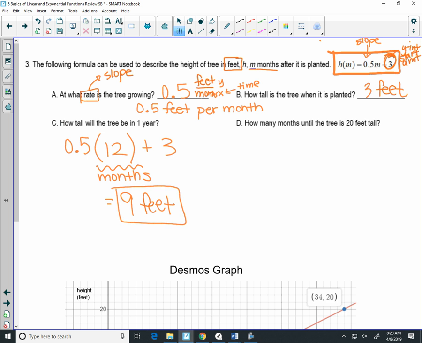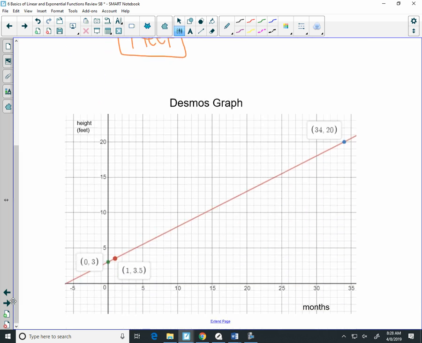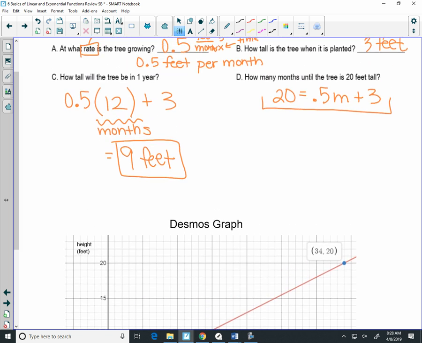And how many months until the tree is 20 feet tall? You have a couple of options here. You can do this. 20 equals 0.5 m plus 3, and you can solve for m. Or you can use Desmos, and you can figure out, looking at the table or the graph, where your y is 20.